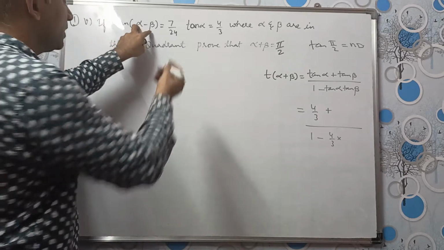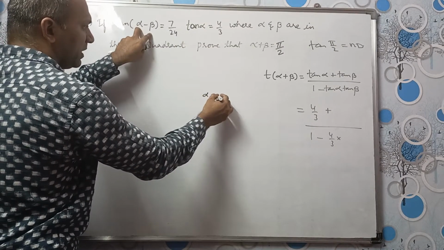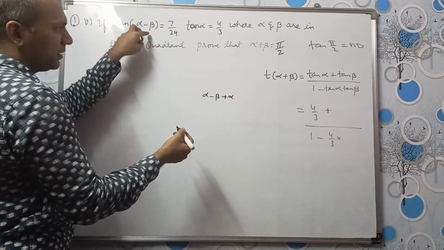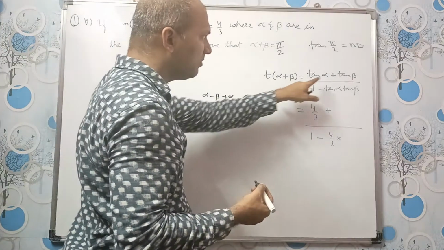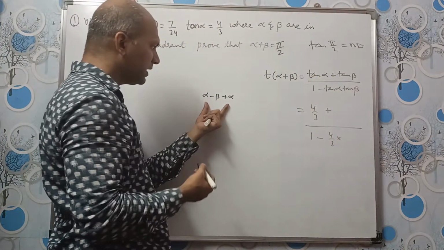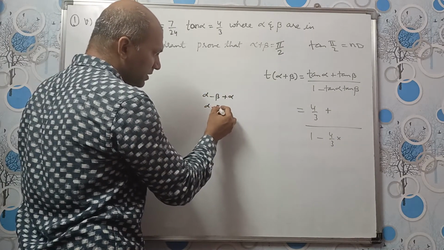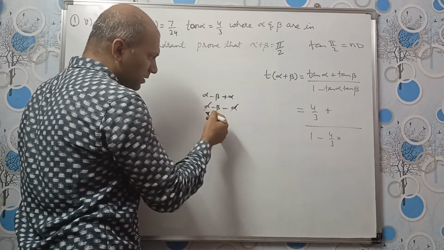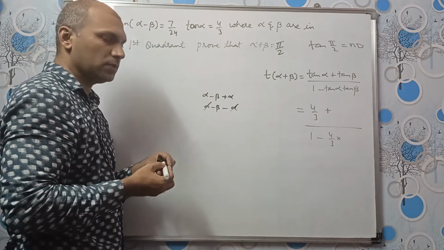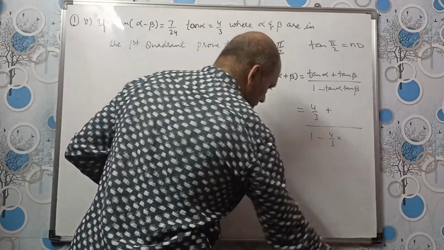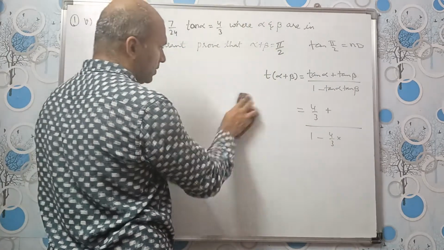So if we add these two angles, alpha minus beta plus alpha, can we get tan beta? We need tan beta, right? Can we get beta? No. Alpha plus alpha, 2 alpha minus beta. What if we subtract this? We get minus beta. Yes. We can work with minus beta also, right?